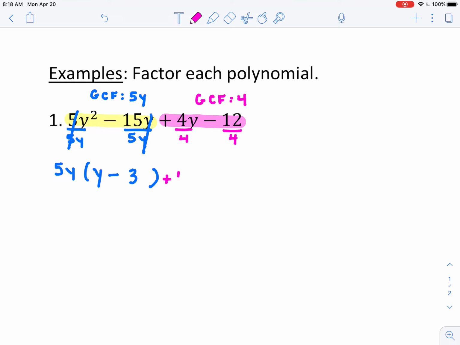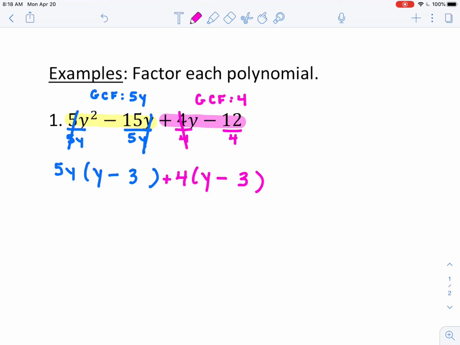I'm factoring out a positive 4. You need that plus sign there. And my leftovers are going to go in parentheses. 4y divided by 4 is just y, minus 12 divided by 4 is 3.